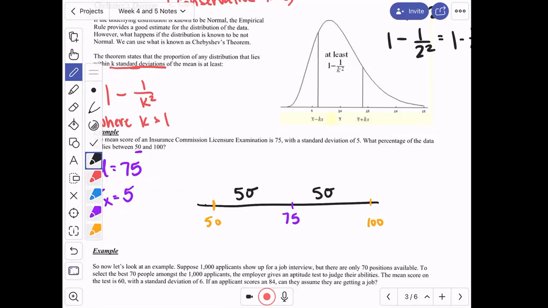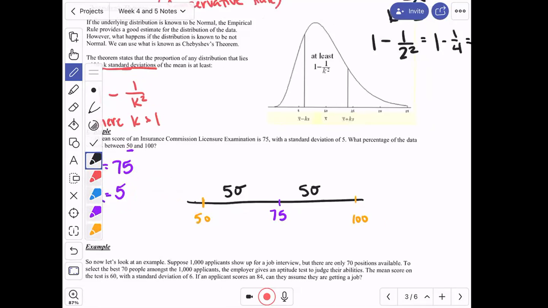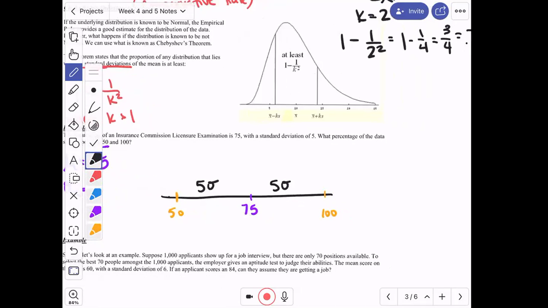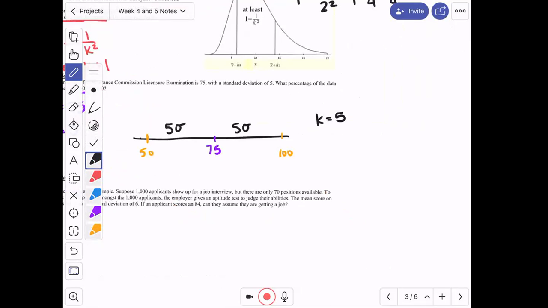So my K here, K is equal to 5. I'm 5 standard deviations away. That's what this is saying. K is equal to 5. So what percentage of values fall between that then? 1 minus 1 over 5 squared.